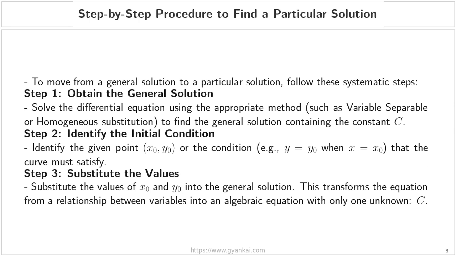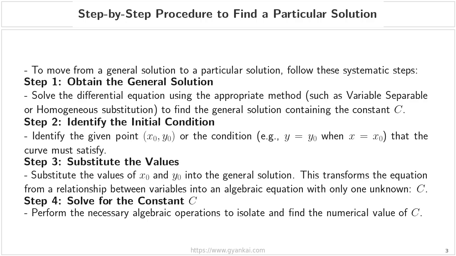Next, we substitute the values. Take those specific numbers from your initial condition, your x0 and your y0, and plug them directly into your general solution. Notice what happens here. By replacing the variables with known numbers, you transform the equation from a general relationship between variables into a simple algebraic equation where C is the only unknown left to find.